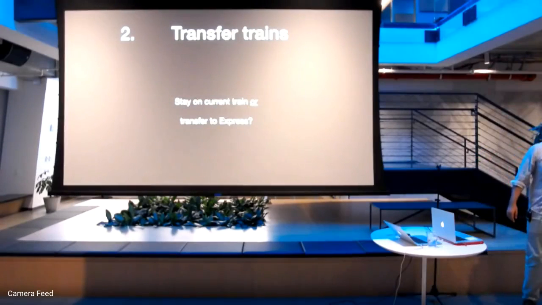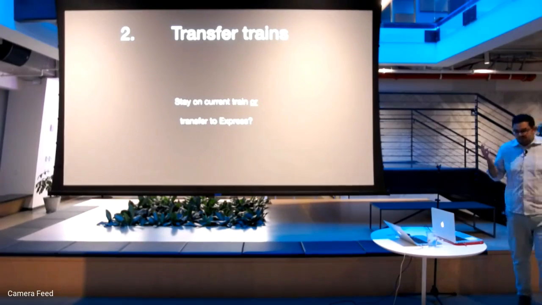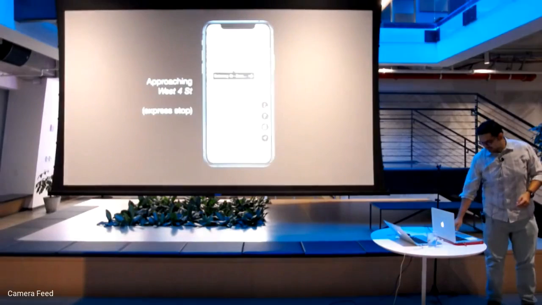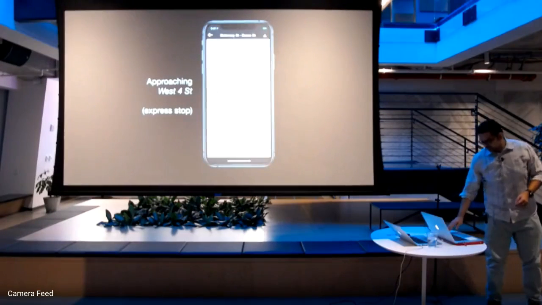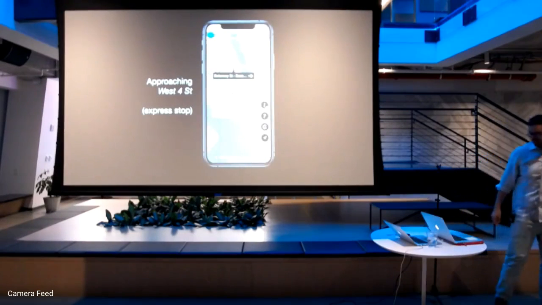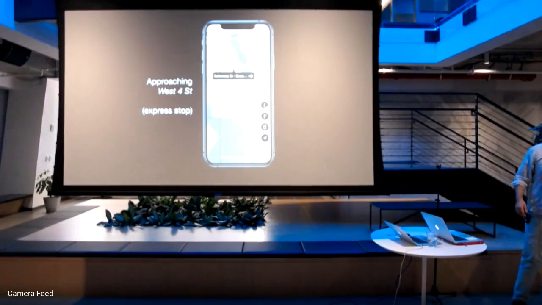So we're on the F train, and we're now approaching West 4th Street, which has the A, the C, the B, and the D, which will all go to Columbus Circle. So should we transfer or not? I have another video of that too. So we go back to the map.